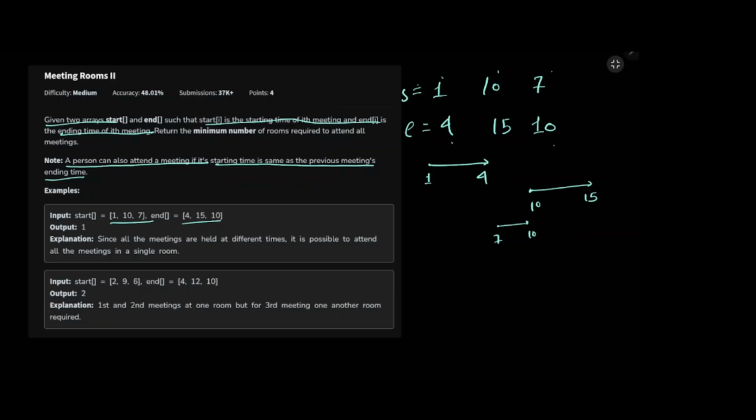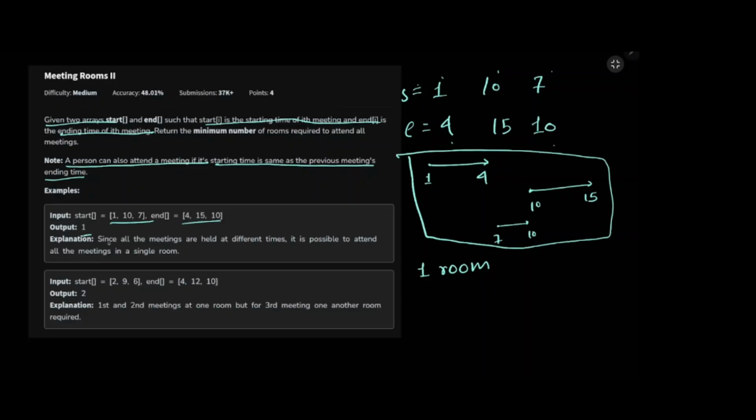So here we have zero overlapping, so we can book one room, and for the whole day we can have these three meetings. So the answer for that is 1.